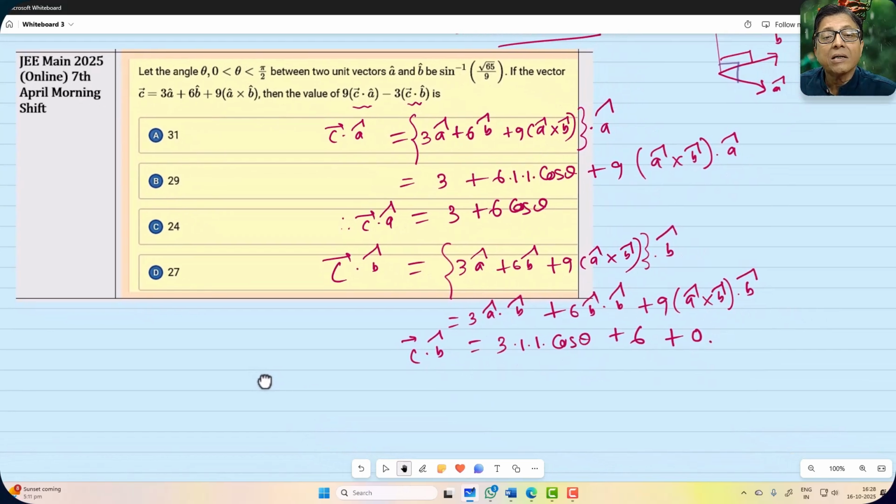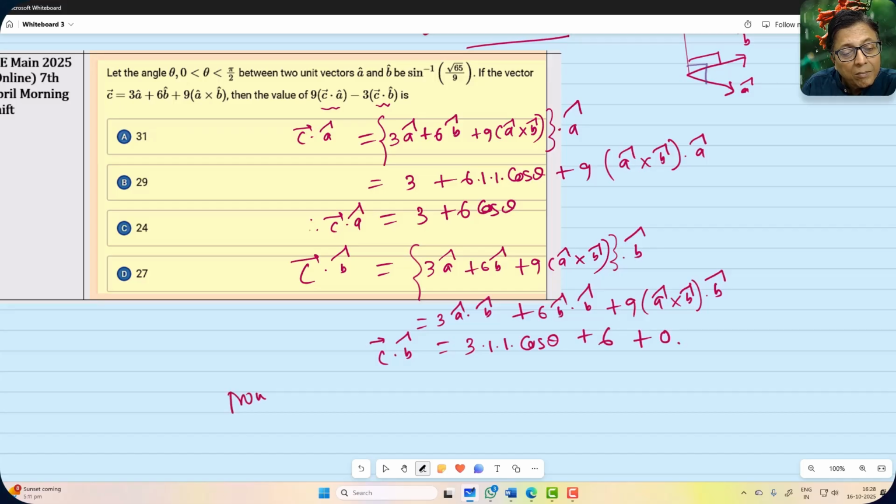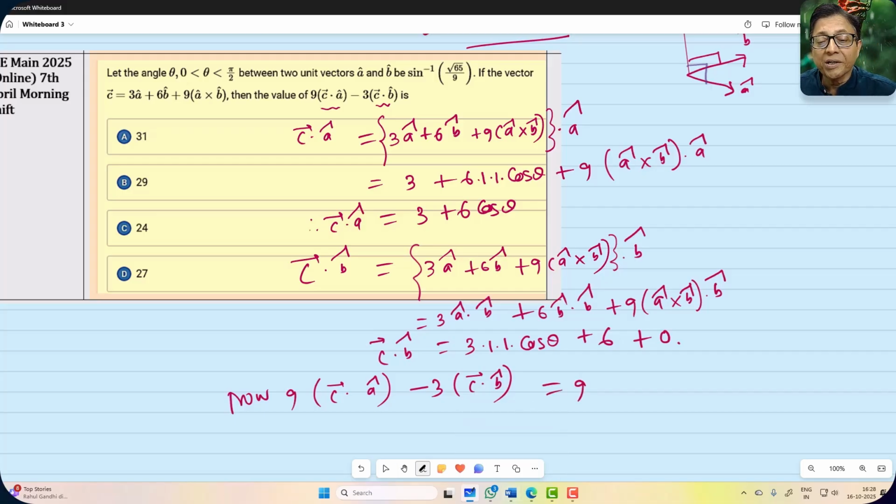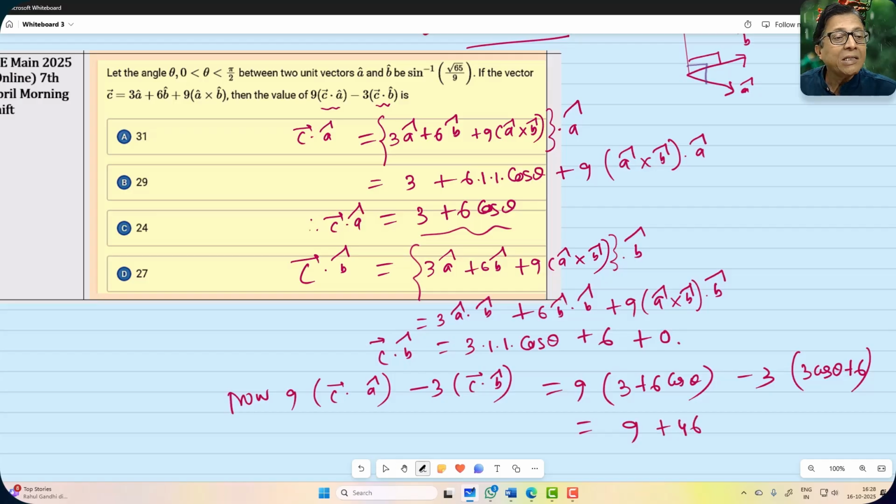Now you are supposed to find 9 C dot A minus 3 C dot B. So this is going to be 9 into C dot A, the result you got here, minus 3 multiplied by C dot B. So this is 27 minus 18, that is 9, and 54 minus 9, 45 cos theta.